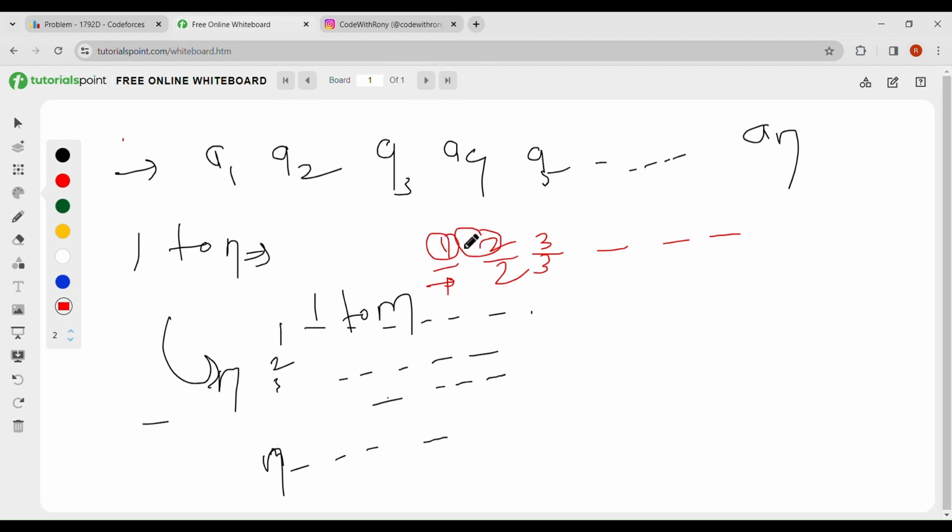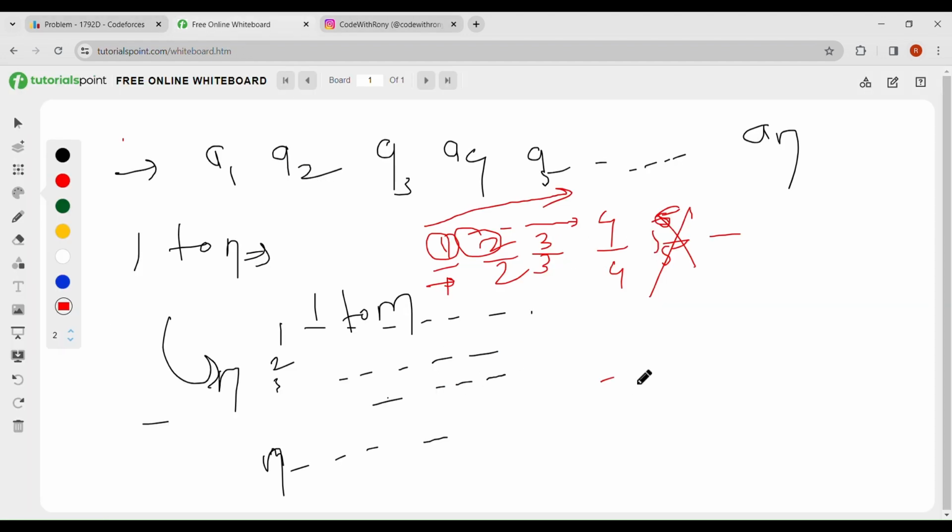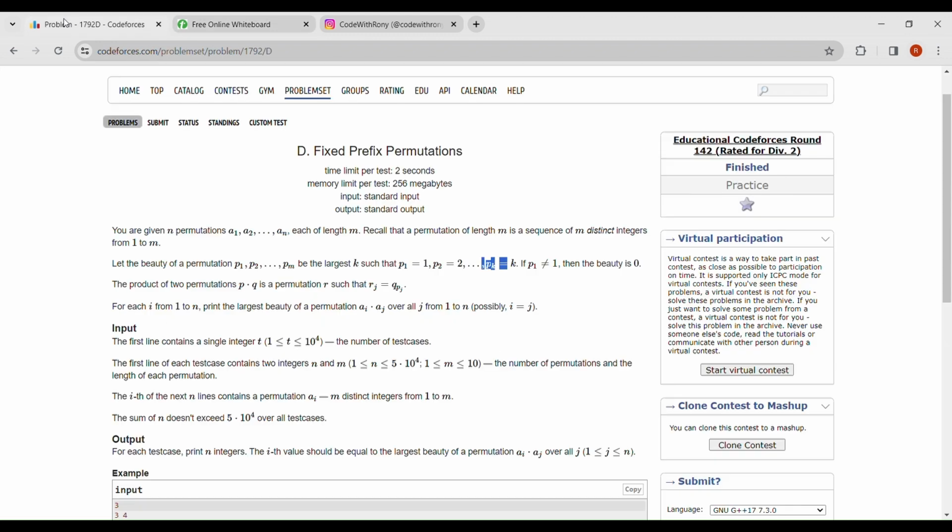It goes up to the position where the index equals the value. When they are not equal, like here it is 6, here it is 5, then the length from 1 up to that index is the beauty of that permutation. And if at the first position the value is not equal to 1, the beauty of that permutation will be 0.